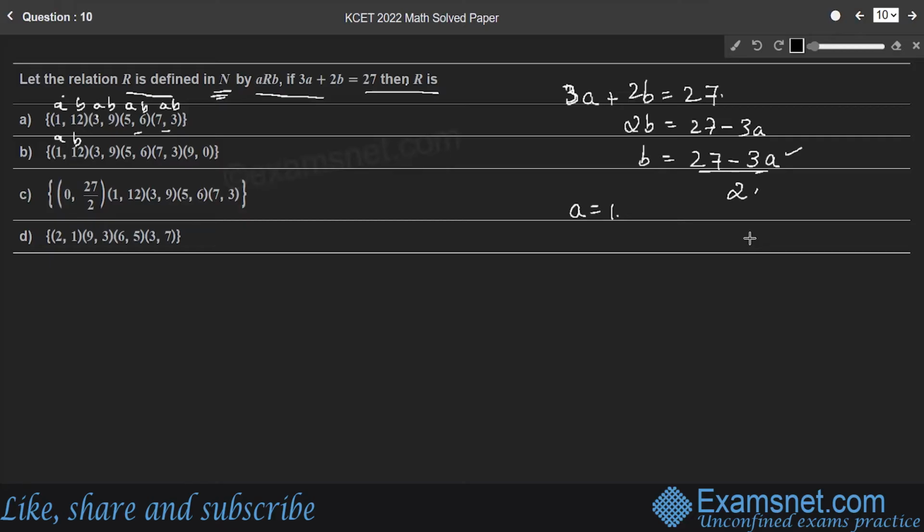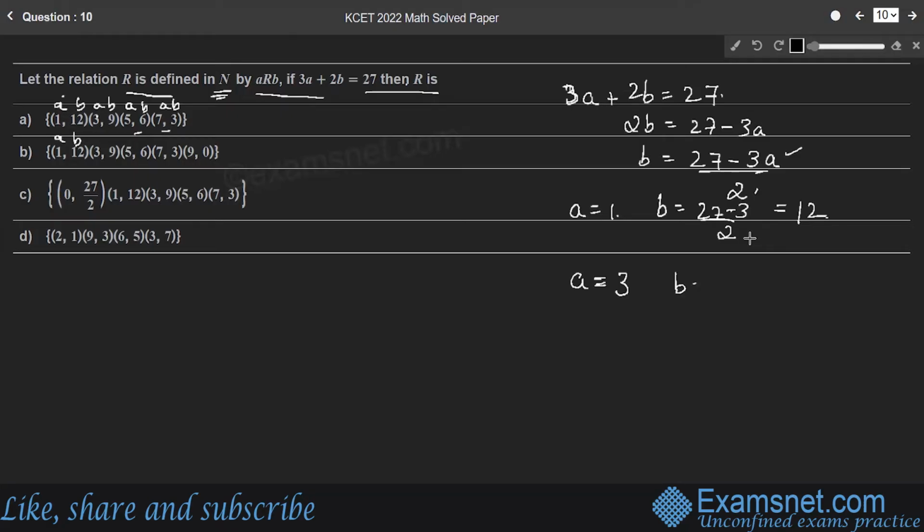If a is equal to 1, b becomes (27 minus 3) by 2, which is 24 by 2, which is 12. b becomes 12. Only for odd values of a does the value of b become a whole number, right? So for us, it will be easy. So here a is equal to 3.